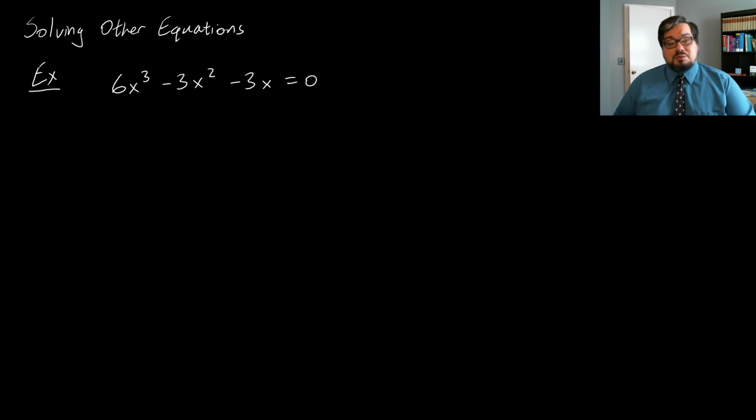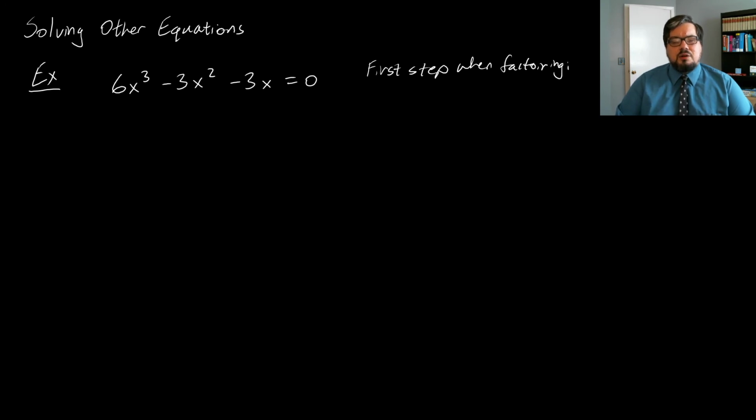However, this cubic equation, as well as others like it, can actually be solved using our techniques of factoring and using the zero-factor theorem. The trick is to remember that our first step when factoring is always to factor out the greatest common factor, GCF.